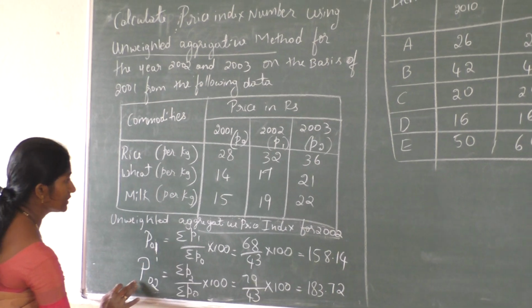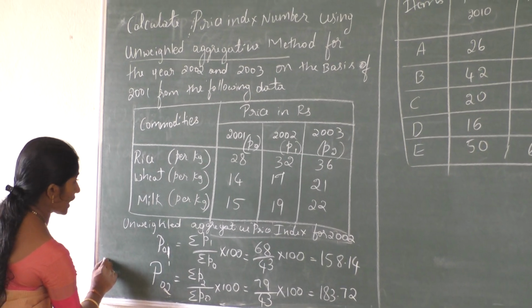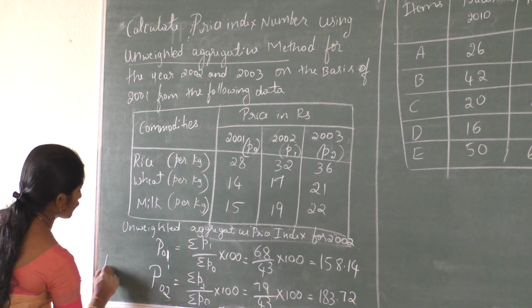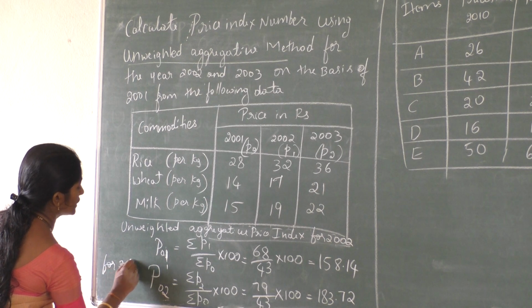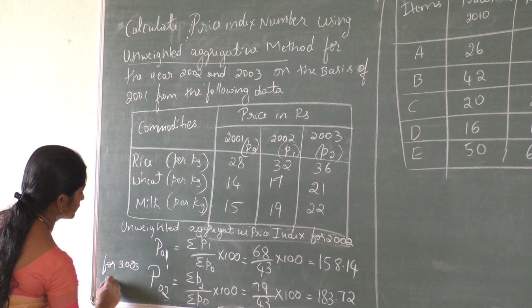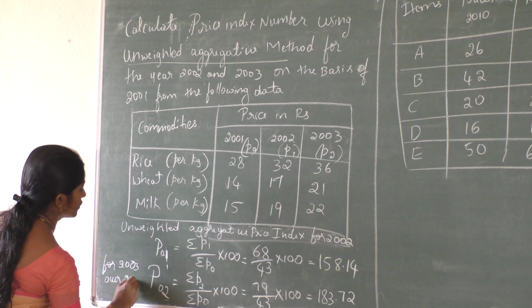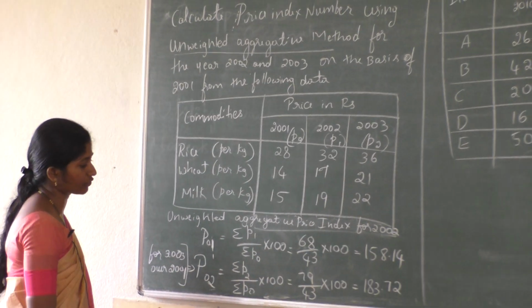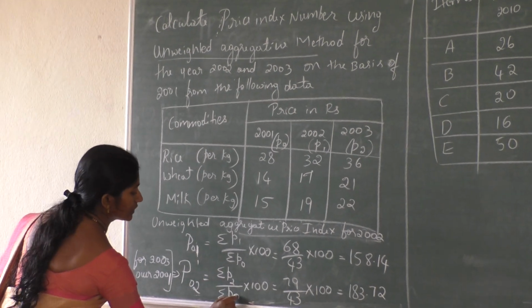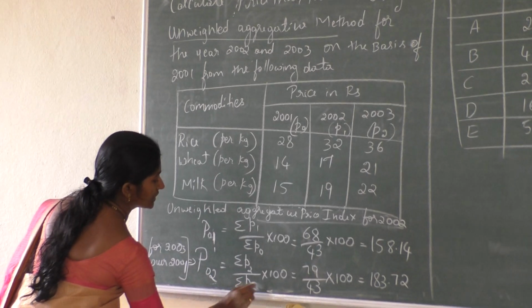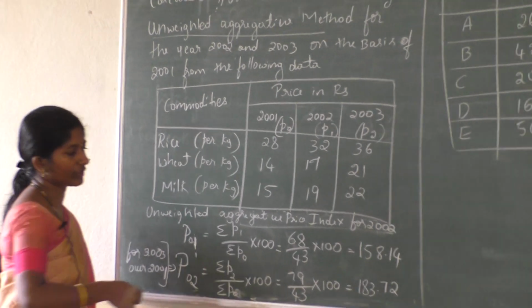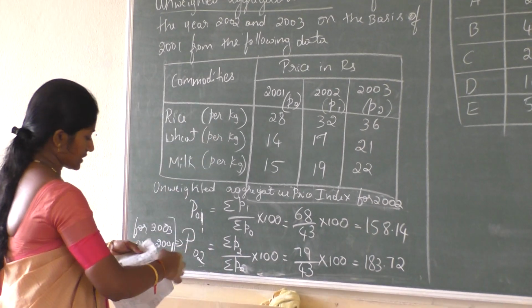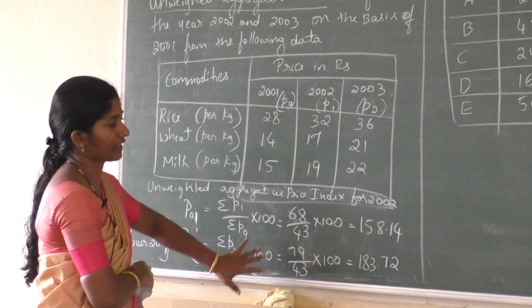Next, the unweighted aggregative price index for 2003 over 2001, that is P02 equals summation P2 by summation P0 into 100, equals 183.72. This one we have completed.